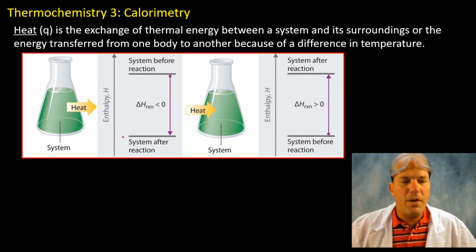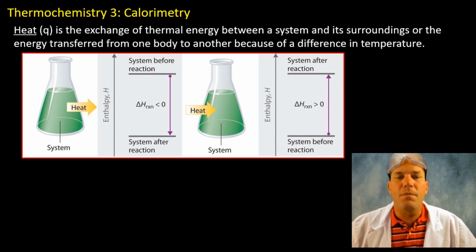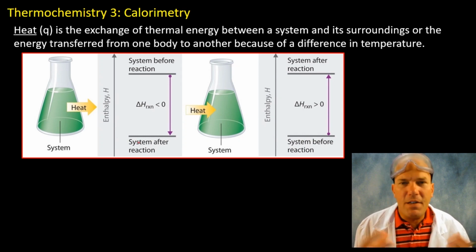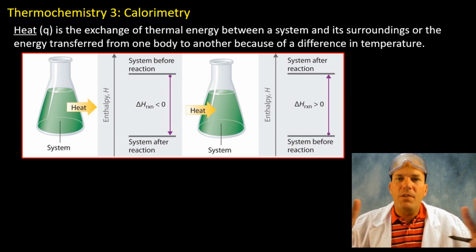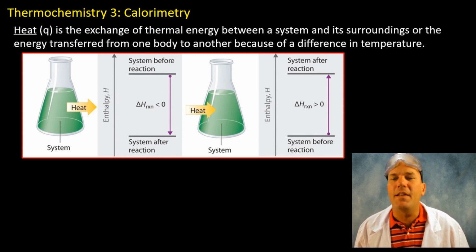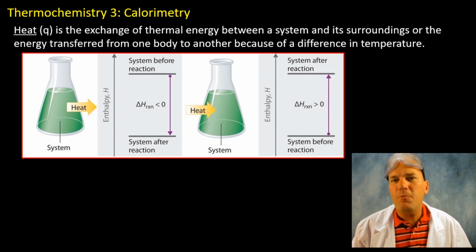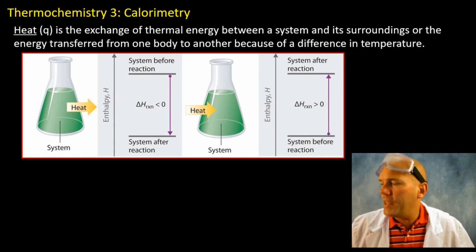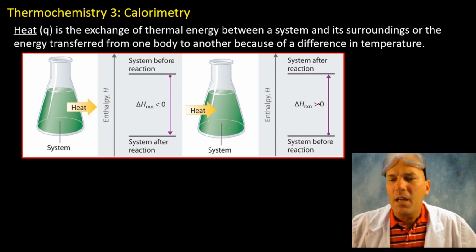Here we have a graph that's showing the system before, and then it is in a lower energy state after. Where did the energy go? It went to the surroundings. On the right side, we have an endothermic reaction, which has a delta H, or enthalpy of reaction, value greater than 0.